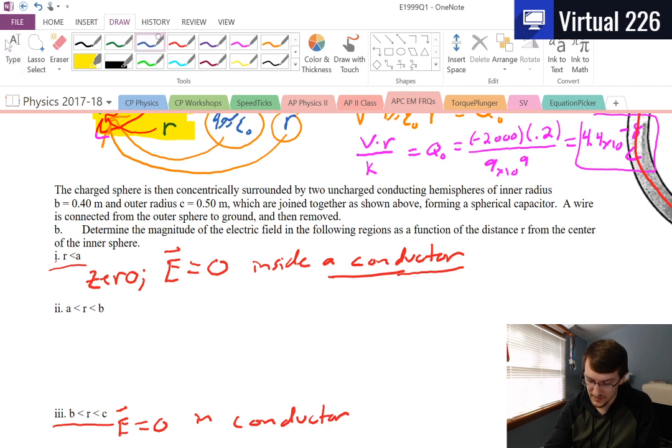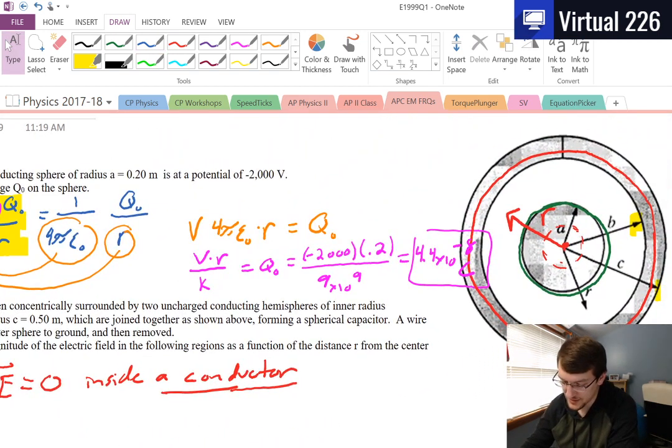Part 4, and I know we're skipping part 2 for a second, but part 4 down here is also E equals 0. And the reason in this case is there is no net charge. We just said on the inside that this region here with A has some negative charge Q naught. When we hooked the outside region up to the ground, we allowed electrons to run away from it. So this outside region now has a charge of positive Q naught.